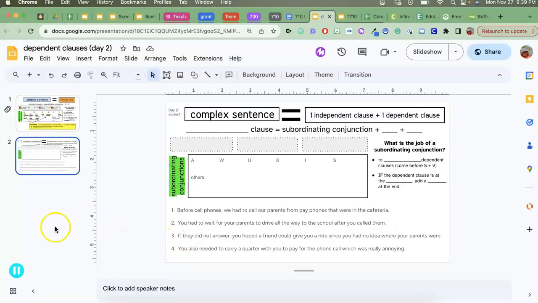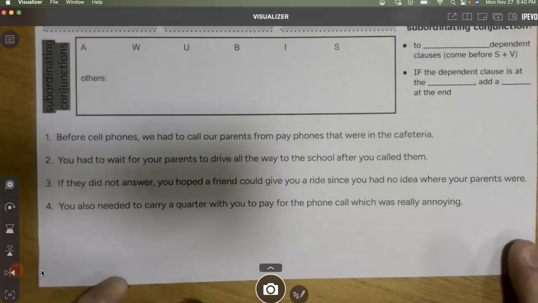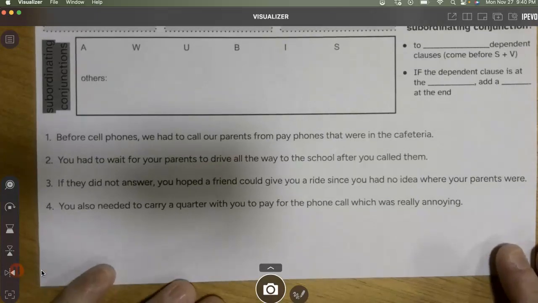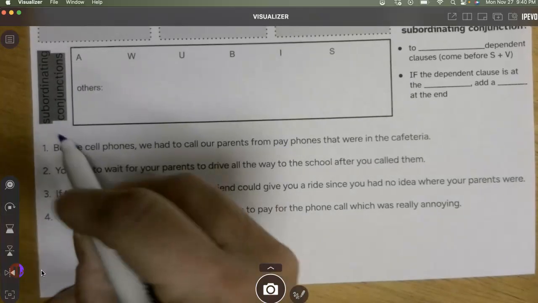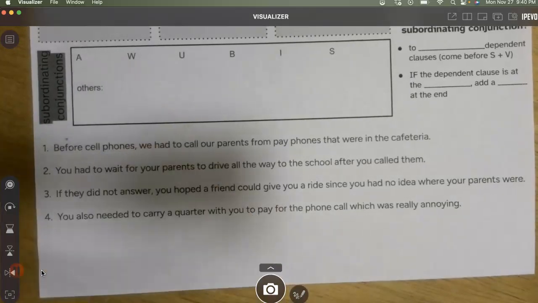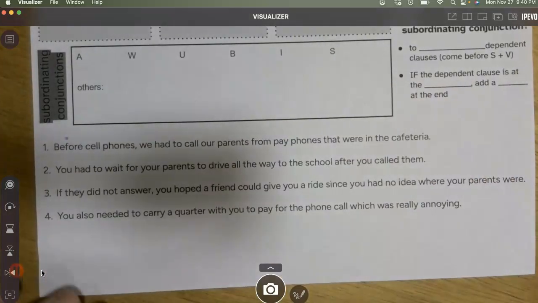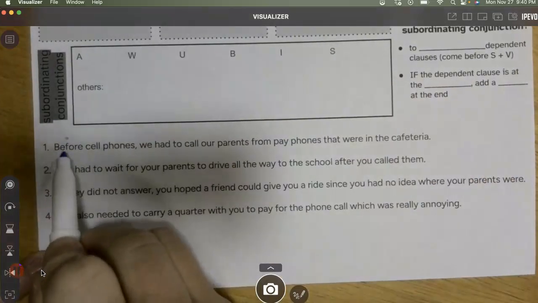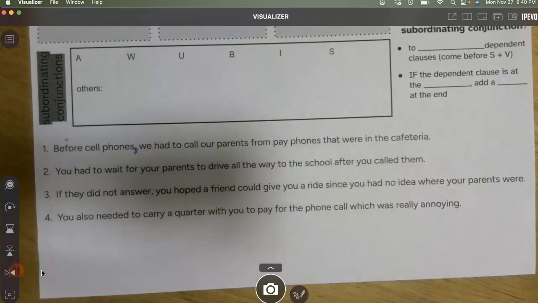All right, I'm going to switch to my paper now. All right, we've got 4 sentences here, and we are going to look at the process that we go through to identify the way we figure out the type of sentence. So the first thing we need to do is go through, just like always, and look for prepositions. Now before, I know that before can be a prepositional phrase, but it's also one of our subordinating conjunctions. So when I look at it, it says before cell phones, and then there's a comma. There's no verb in there anywhere.